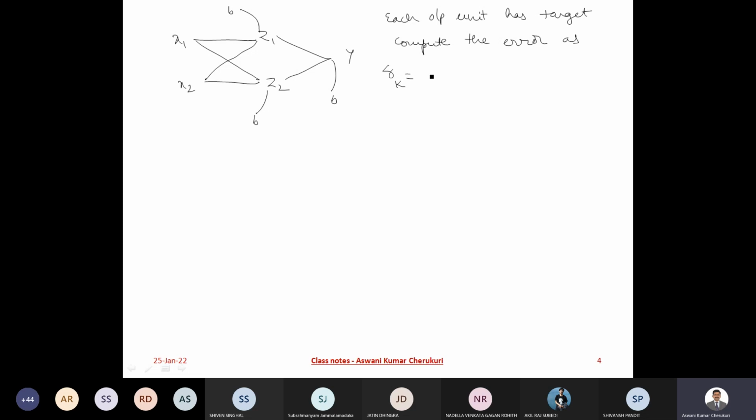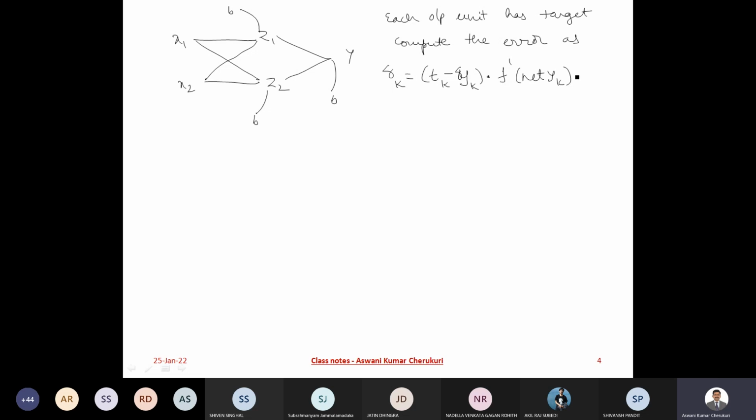It is the corresponding target at that particular node minus yk, that means the actual output, times f dash of net yk.